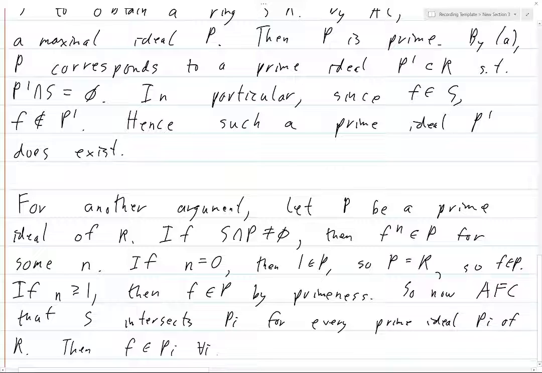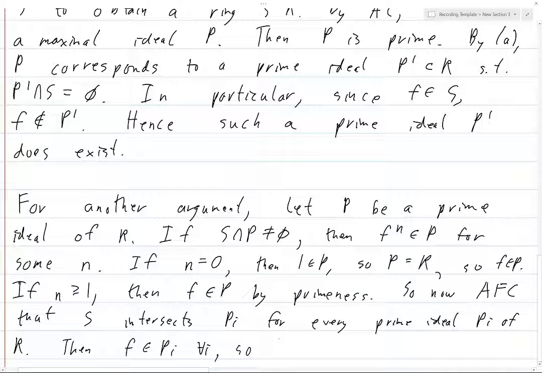I don't know how many ideals we're going to have. We could have finitely many prime ideals, we could have continuum many prime ideals. Who knows? But it doesn't matter, and so I'm going to be kind of fast and loose with my notation and just use an index without telling you what the index belongs to. So anyways, f is in Pi for all i.